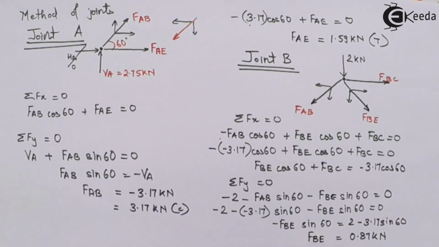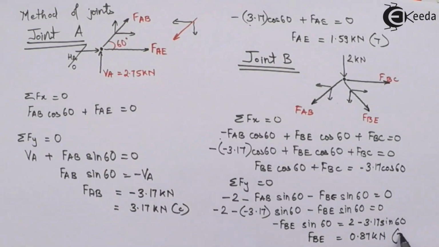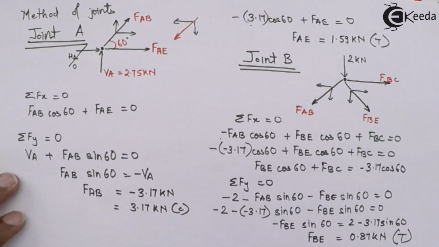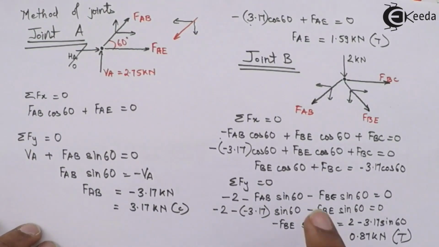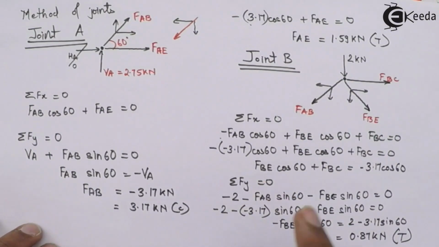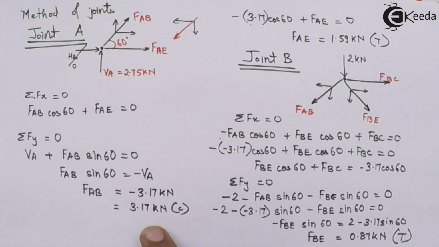So if I calculate this, the value that I'm getting for the force in BE is positive. So I can say that it is a tensile force. Now, if I put this value of BE in the equation of summation Fx, I can find out the value for force BC.